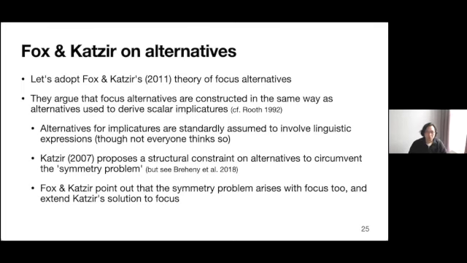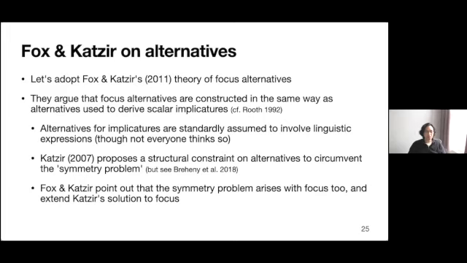So we're going to assume this theory of alternatives due to Fox and Katzir. Their main claim is that the alternatives that you use for focus are derived in the same way as alternatives for scalar implicatures in general. I'm not going to really say why they think so. You can read their paper about this because I don't have a lot of time here.